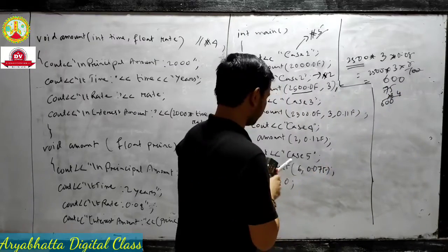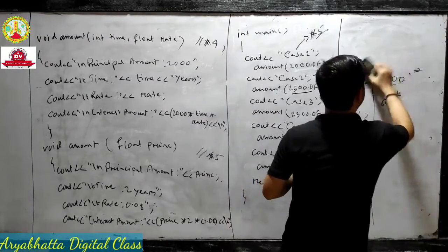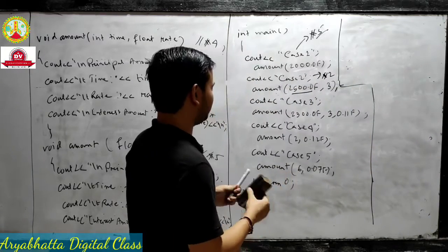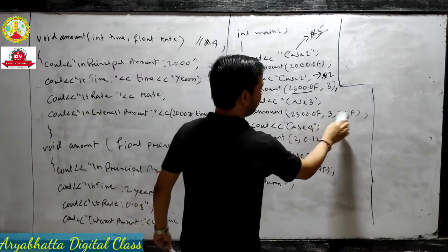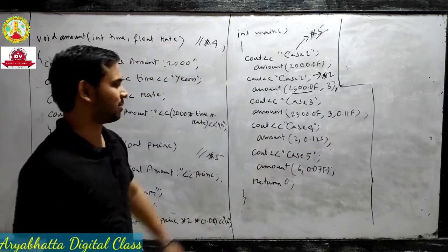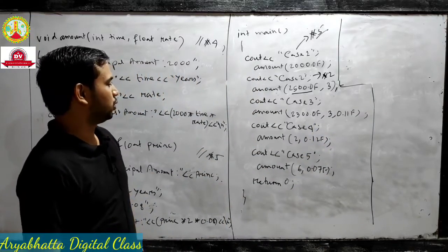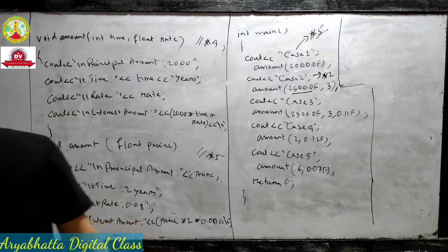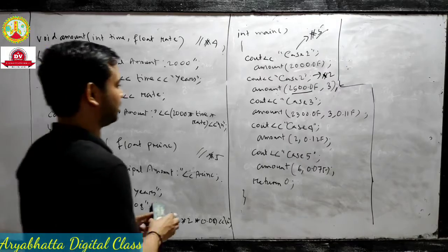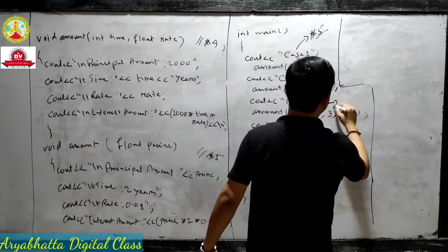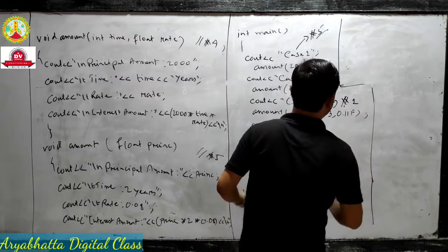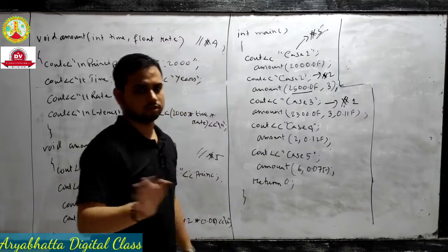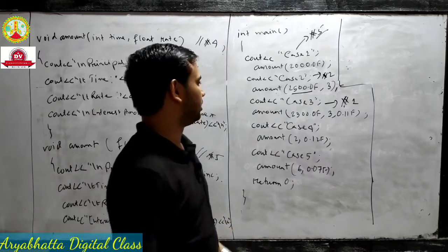And see for case 3, what is principal, time, rate? All are coming in the main function, which means the function has no default value. This case number 3 is for function number 1. Why function number 1? Because in function number 1 we don't have any default argument.